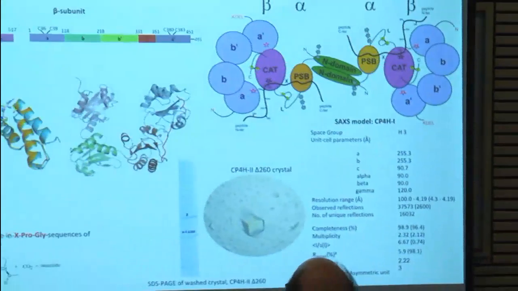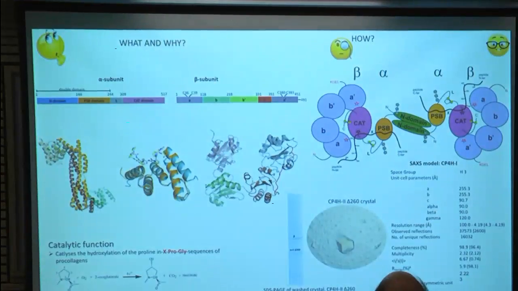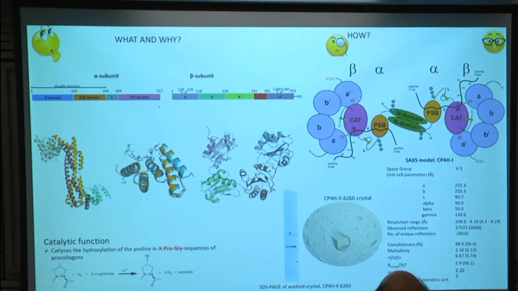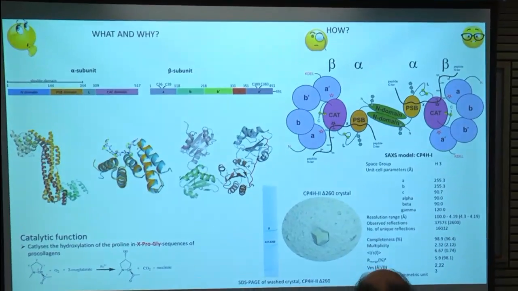CP4H is a central enzyme in the biosynthesis of collagen, which catalyzes the hydroxylation of proline in XPG sequences of procollagens. This process is necessary for the conformational stability of collagen.